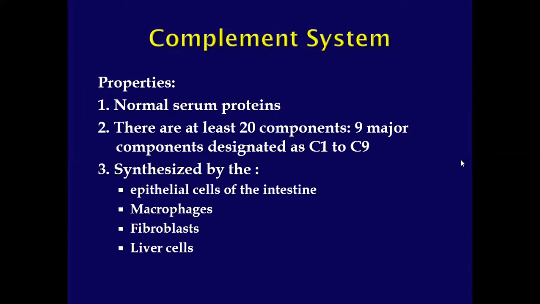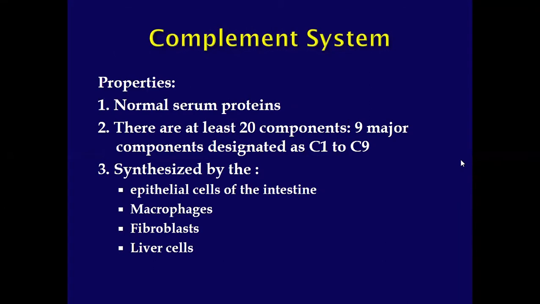Okay, last topic for this, we have the complement system. So part of the action of your antibodies is through activation of the complement system. So what are the properties of the complement system? They exist as normal serum proteins. There are at least 20 components, 9 major components designated as C1 to C9.